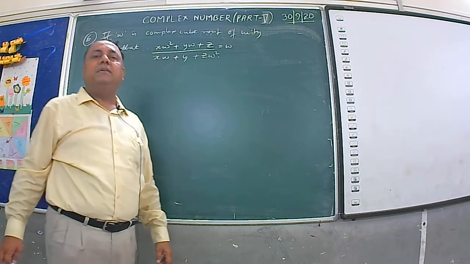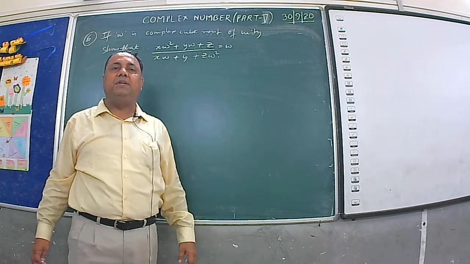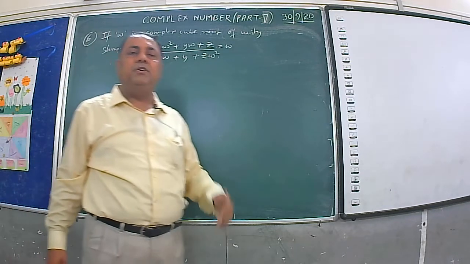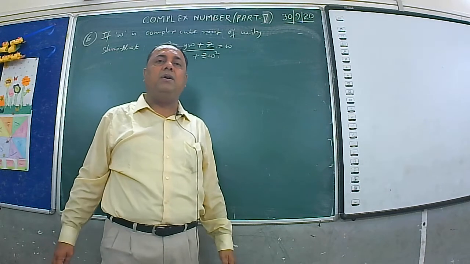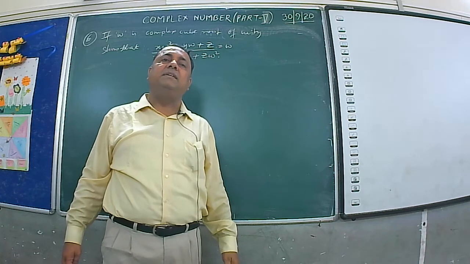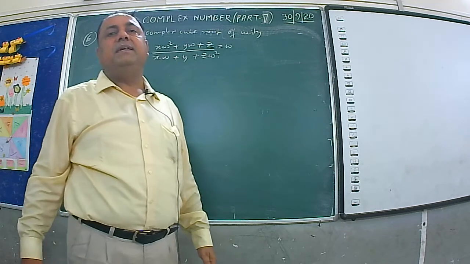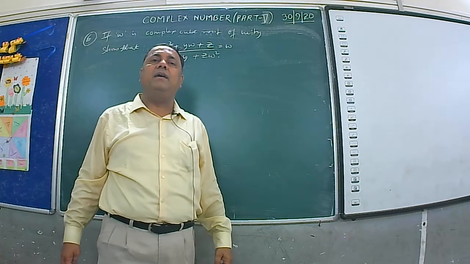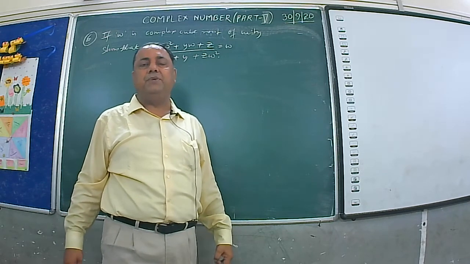If a question is asked what is the cube root of unity, by our concept of complex number we would state that 1, omega, omega square are the cube roots of unity. 1 is the real root, and omega and omega square are the complex cube roots of unity.